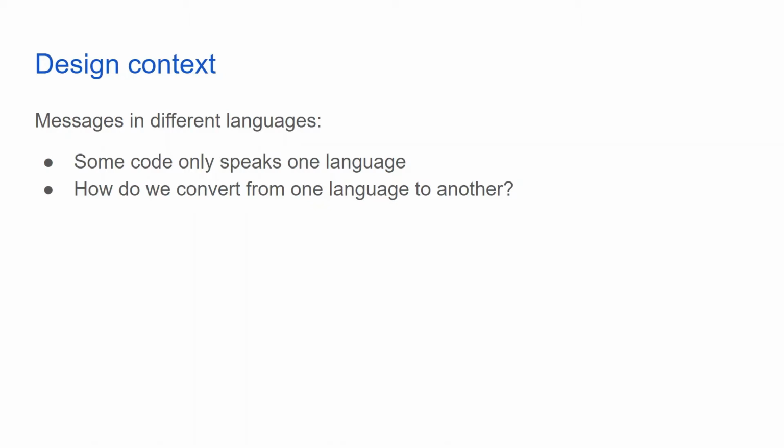So then the problem comes: if we have a message in one language, how do we translate this to a different language? And for a more abstract view, if we have a certain type of class or interface, how do we convert that to a different type of class or interface that other code can work with?